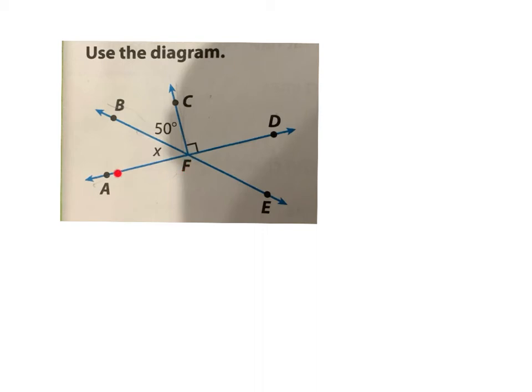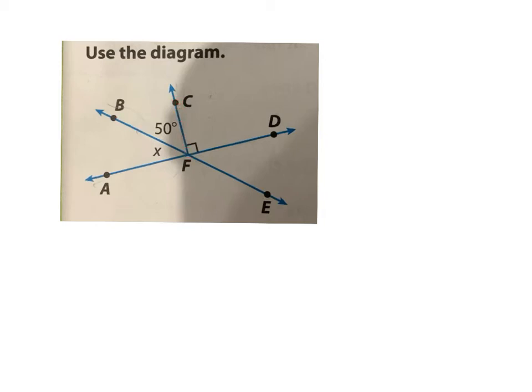This angle here would be AFE or EFA. That middle point is always the middle letter. This is angle EFD or angle DFE. This angle is a 90-degree angle because it has this little square mark saying that's a 90-degree angle. CFD or angle DFC. This one is 50 degrees, BFC or angle CFB. So that's how you read those.